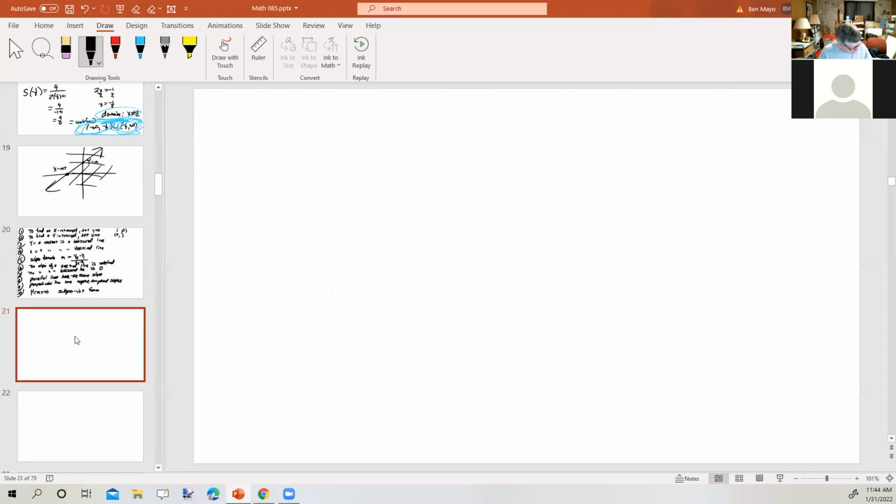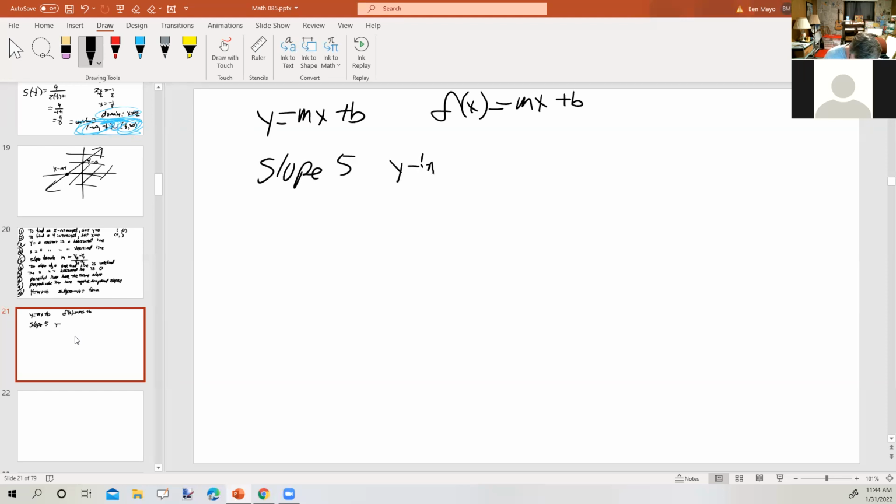It says, write an equation for a linear function whose graph has the given characteristics. Typically, we write a function using function notation, f of x equals mx plus b. Let's say we know the slope of a line is 5 and the y-intercept is 0, -3.